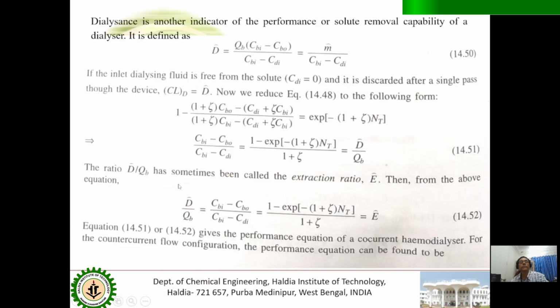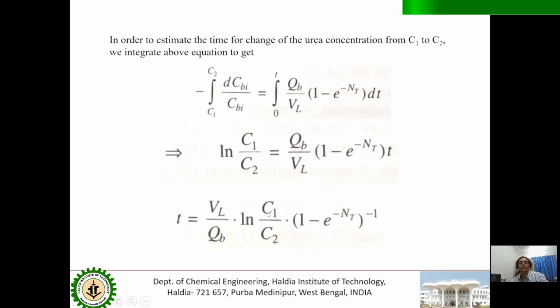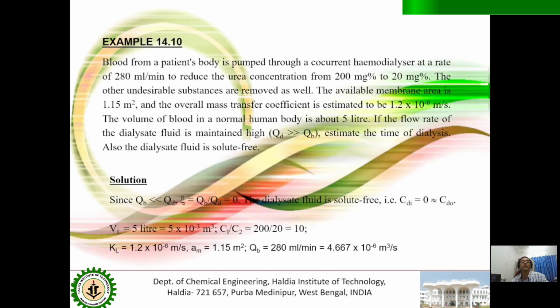From the analysis, we get that the time for dialysis is t = (V/QV) ln(C1/C2) (1 - e^(-N))^-1, where C1 is the initial solution concentration and C2 the final concentration, V the volume of the blood to be dialyzed and QV the volumetric flow rate. So how much time is required for the dialysis process, we can estimate using this equation. This is a very essential equation and in most cases we generally use it. Okay, we'll discuss this later on.